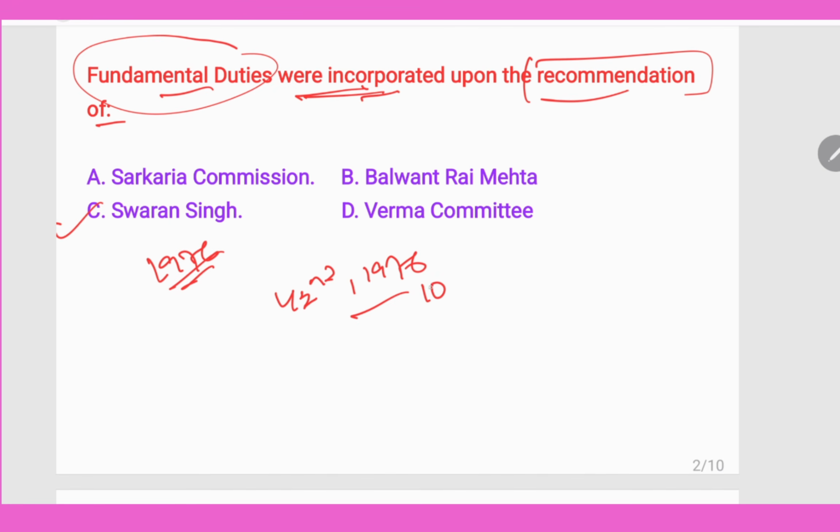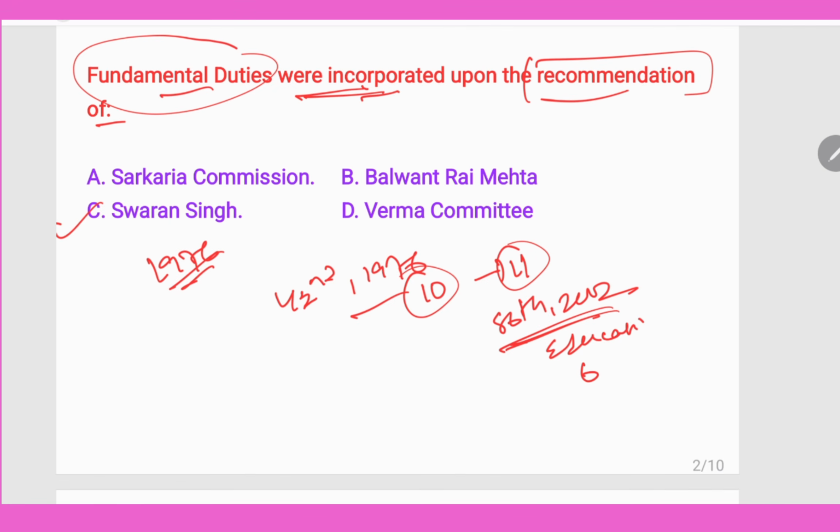Initially, there were 10 fundamental duties, but now there are 11 fundamental duties. One extra fundamental duty was added by 86th Amendment 2002, which says about education to 6 to 14 years age children. Okay. The answer is Swaran Singh Committee 1976.